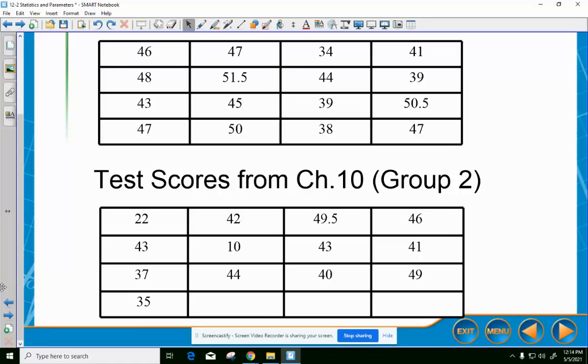It's either second period, fourth period, 6, 7, or 9. Okay. But up here, the lowest score that I see, like 34, it's not great. But the consistency level up here is much higher, which is why their standard deviation is much smaller.